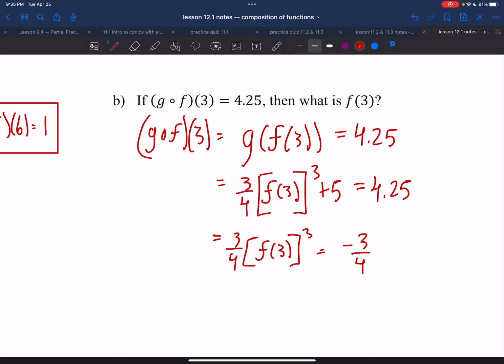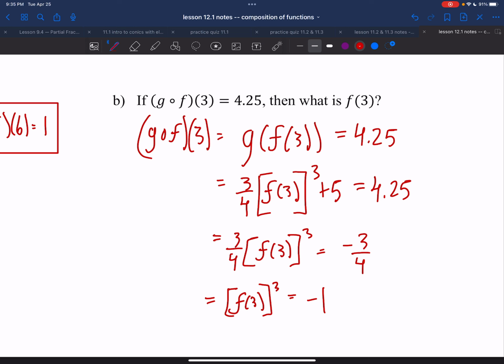Now, if I just divide both sides by 3/4, that will cancel, and then that will cancel, right? And I'll find that f of 3, quantity, cubed, equals -1.